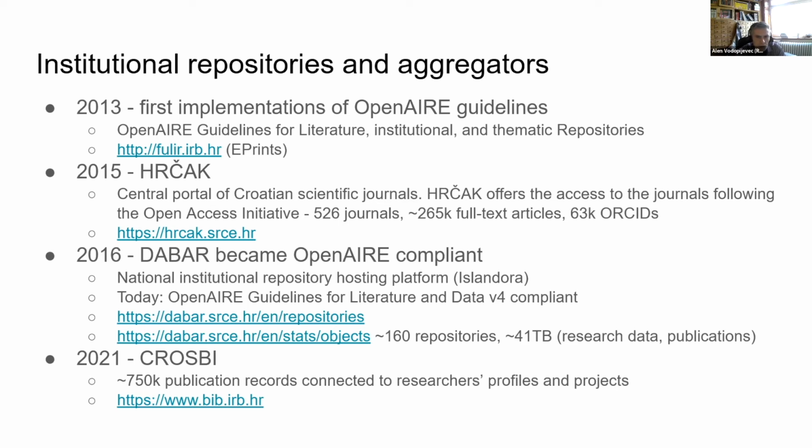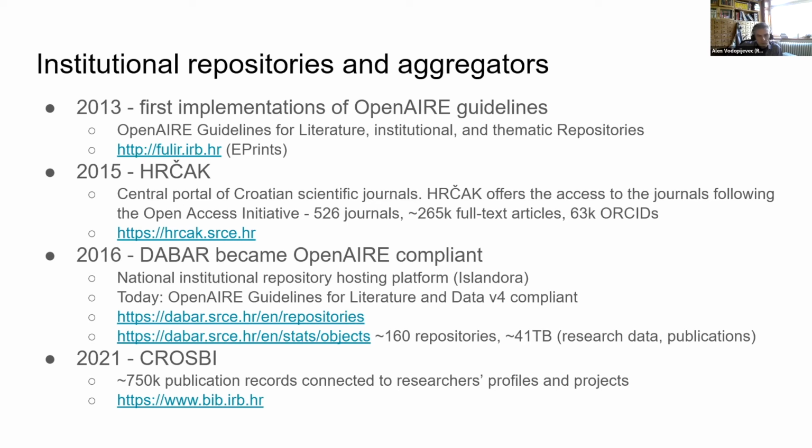But the majority of the resources was added later when we started with the implementation of compliance of the larger aggregators.